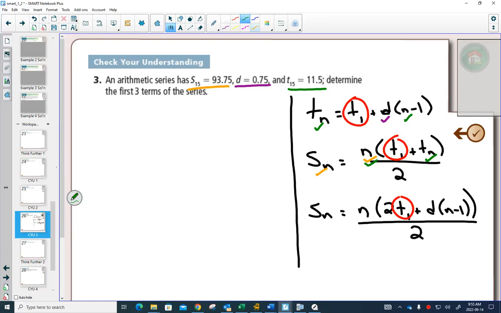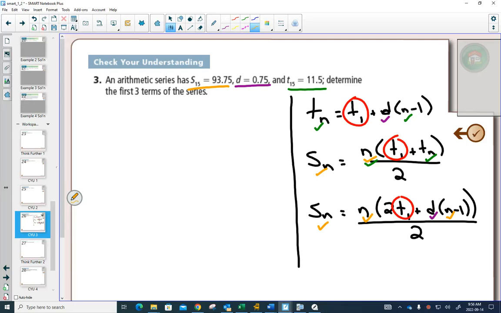And then looking at the last formula, if this is the one you wanted to use, again, color coding it, we know S15, so we know N. We want to find term 1. We know D. And we would also know this N. So this is an interesting question because all three formulas will work.